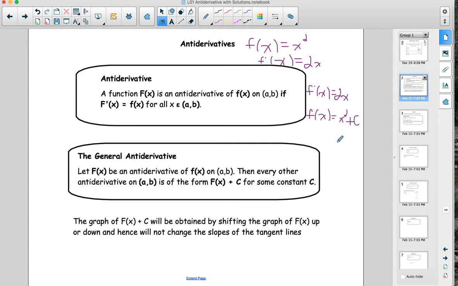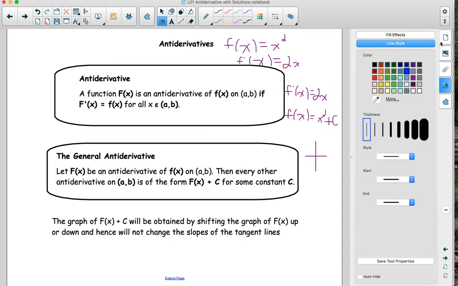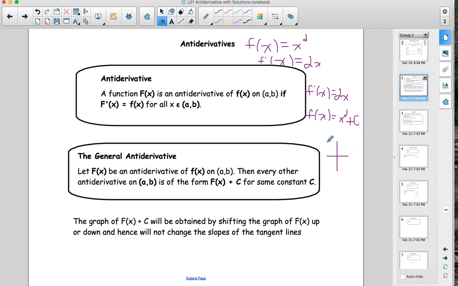If you've taken calculus already, try and change the color of the pen there. I'm going to try and draw a parabola there. So why the constant? If I shift this parabola up or down, the slopes of the tangents will not change at specific x values.